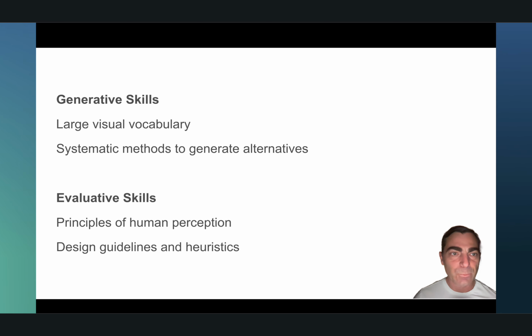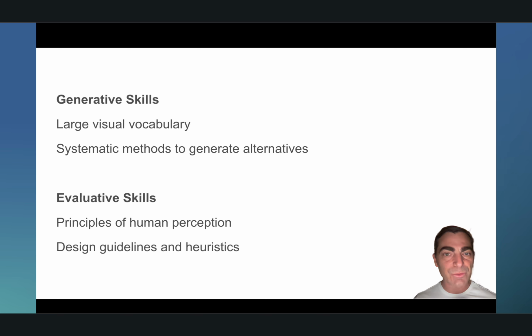How do we do that? Well, typically for generative skills, you have to acquire a large vocabulary of visual solutions. So this means going through a lot of examples, right? And then learn systematic methods to generate alternatives, which is something that we're going to cover in this course. You will see that we're going to use models that teach you how to think systematically about how you can generate many different solutions for the same problem. And for the evaluative skills, we will use principles of human perception.